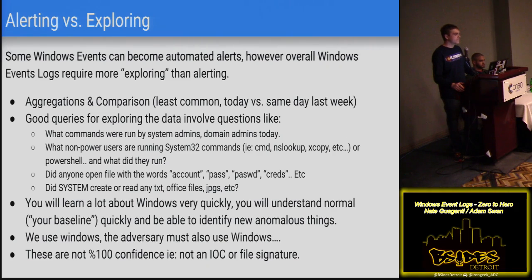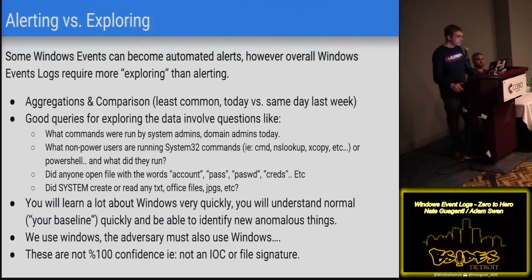You can do alerting on some things like cscript, wscript, these sorts of process creations. But it's almost better to just have a tool like Elastic that allows you to do aggregations, right? So last 30 days, what are all the processes that were created? Let me look at the least frequent process creations. Let me look at the least frequent user accounts, things like this.